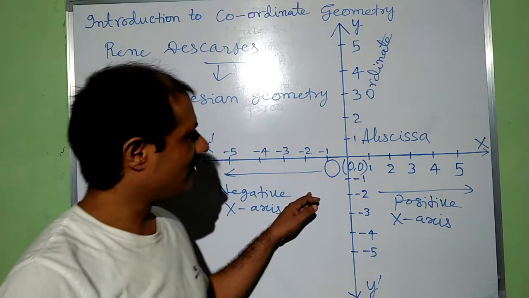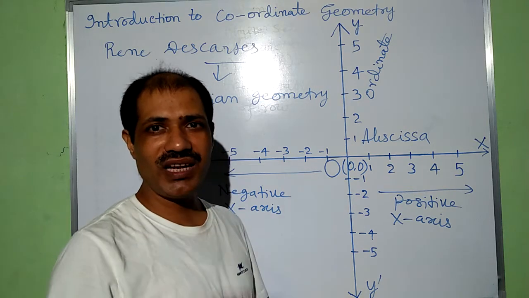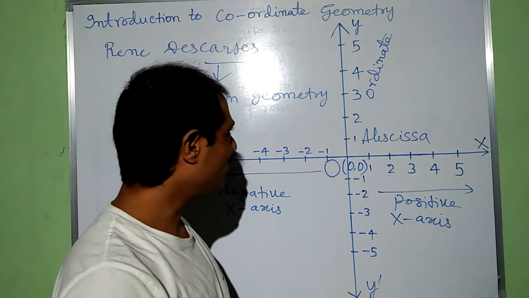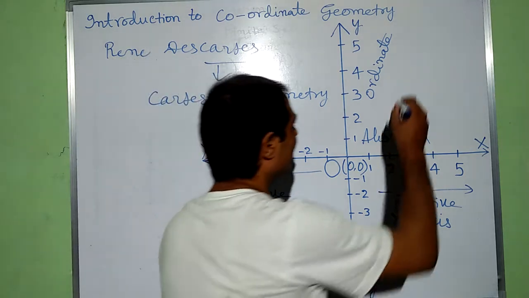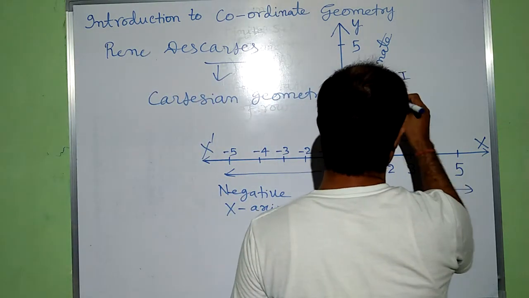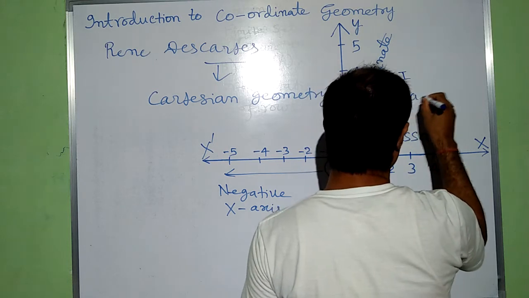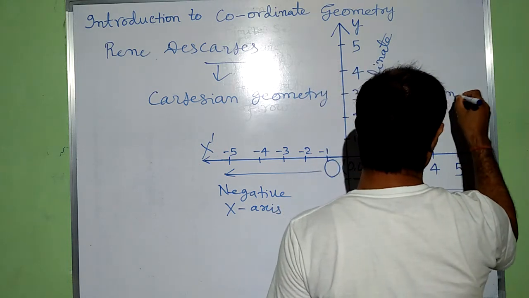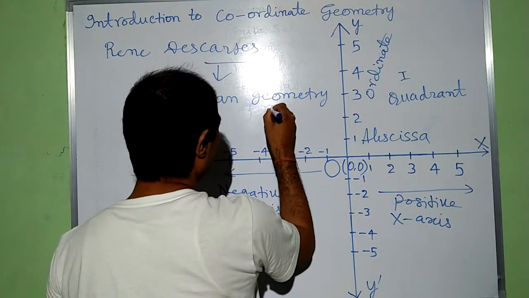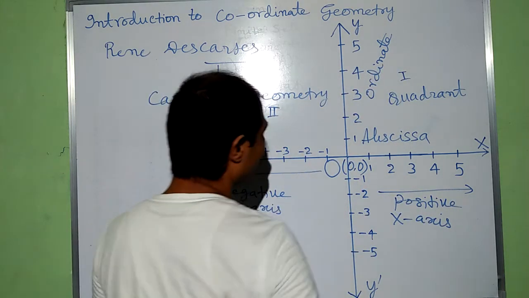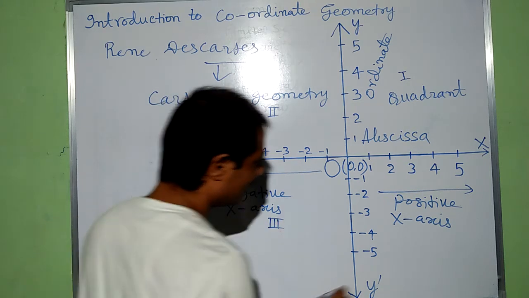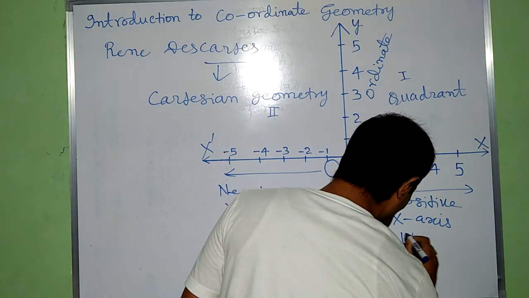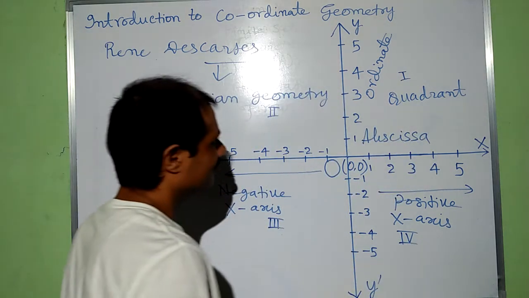This plane is divided into 4 equal parts. Each part is called a quadrant. This is the first quadrant, this is the second quadrant, this is the third quadrant, and this is the fourth quadrant.